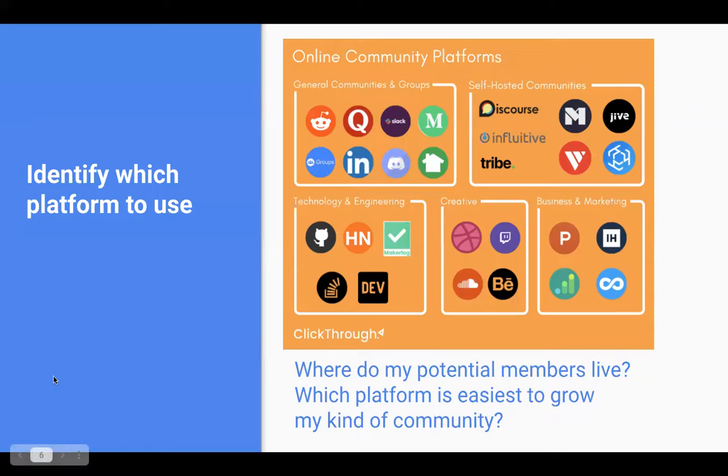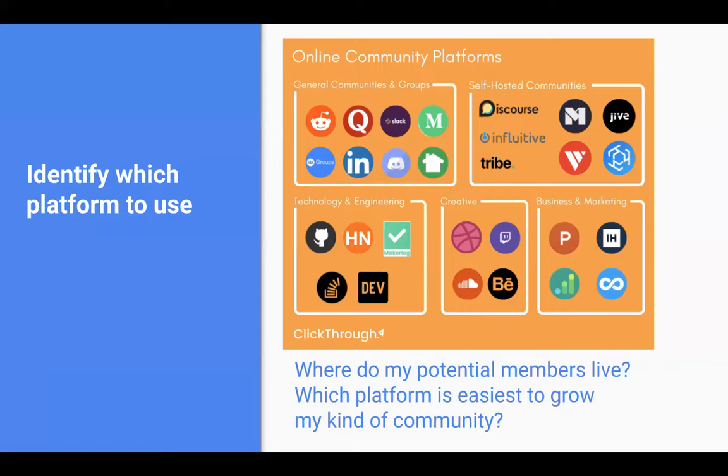So this was just an interesting slide or image I found online that shows the different types of community platforms there are out there. It doesn't detail every single one. You'll see that Facebook isn't on here, but I think this is a good representation of the types of communities that you can find, specifically for companies or small businesses.